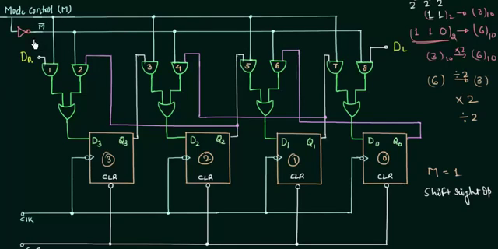So let's see how it works when M is equal to 1. When M is equal to 1, here we have 0 and here we have 1, and you can see that M complement, that is 0 now, is acting as one of the inputs to AND gates number 2, 4, 6 and 8, and that's why 2, 4, 6 and 8 are disabled, because one of the inputs is equal to 0. So we have 0 as the output for 2, 4, 6 and 8. Whereas in AND gates number 1, 3, 5 and 7, we have one of the inputs as 1.